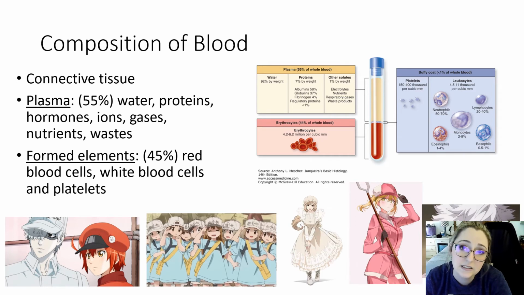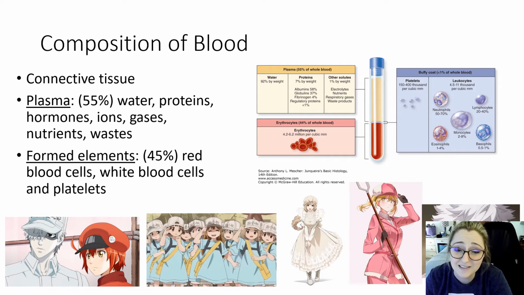This is going to contain water, mostly water, proteins, hormones, ions, gases, nutrients, and waste. The other percentage is 45% formed elements. Your formed elements is probably what you mostly think of when you think of blood, such as red blood cells, white blood cells, and platelets.